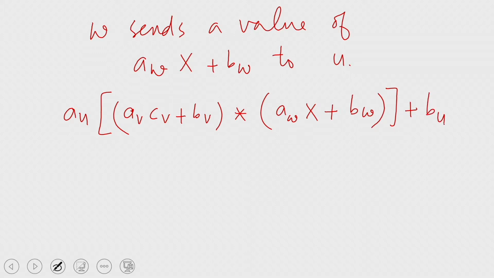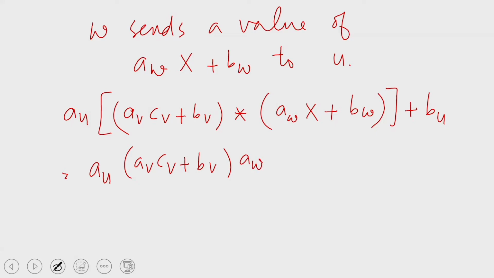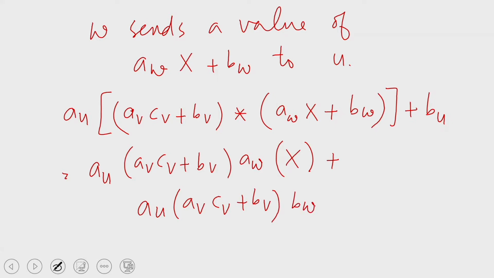But this value can be written as AU times (AV CV plus BV) times AW times X plus AU times AV CV plus BV times BW plus BU, which is of the form AW prime X plus BW prime.